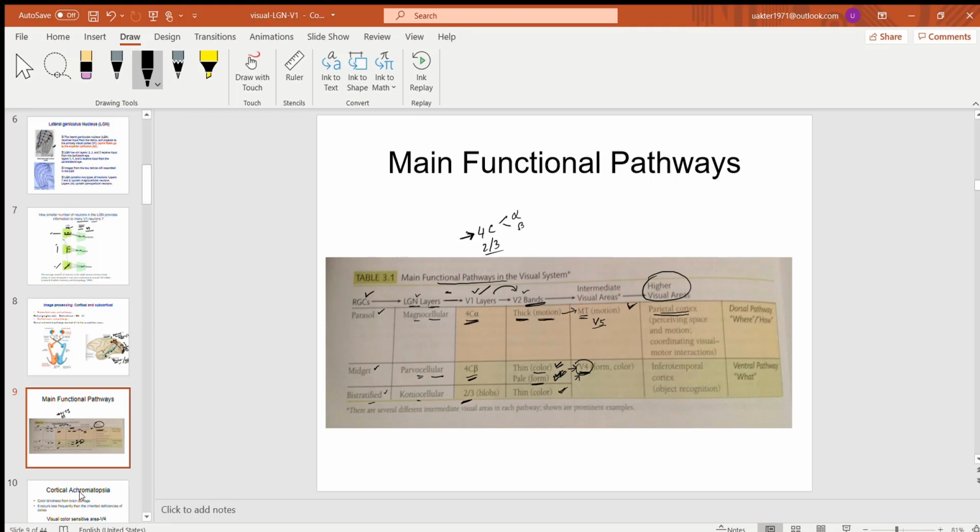Makes sense? Processing space and motion, which is where and how, the dorsal pathway, and the form and color information from V4 is sent to the inferior temporal, that I mentioned before, which is the what pathway. Okay, object recognition. So you see that V1 is early visual, V2, V3, V4 intermediate visual, and then higher visual areas. Okay.